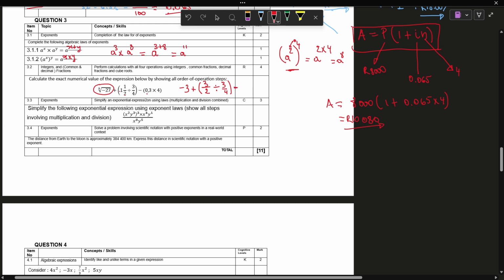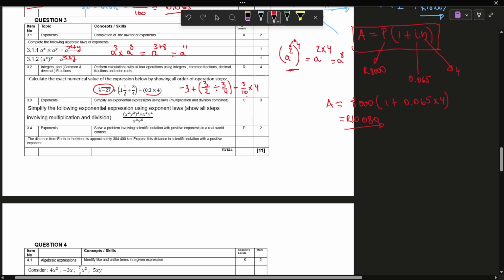And then if you multiply these two, you're going to get 1.2. Right? Or instead of 1.2, you could express this 0.3 as a fraction. So it's 3 over 10 times 4.